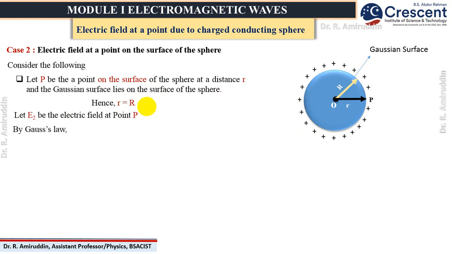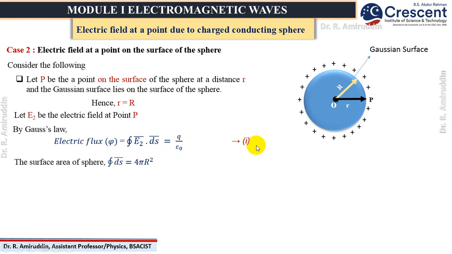Once again let us take the Gauss law. Electric flux phi is equal to integration of E2 into ds, that is equal to q by epsilon naught. Let us consider this as equation 1, and once again we will have surface area of the sphere, that is integration of ds is equal to 4 pi capital R square, and hence equation 1 becomes E2 into 4 pi capital R square is equal to q by epsilon naught.